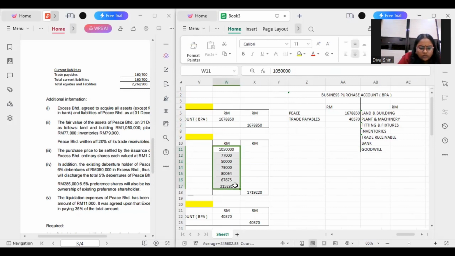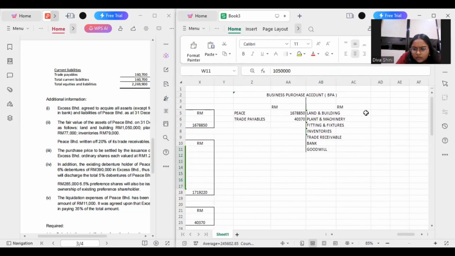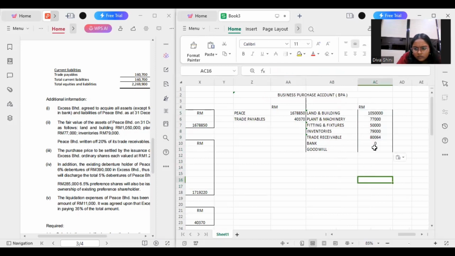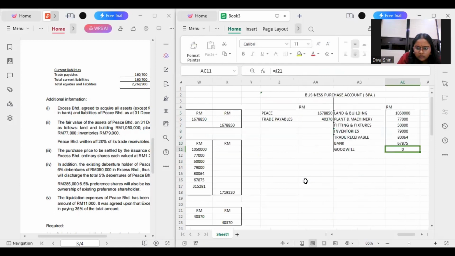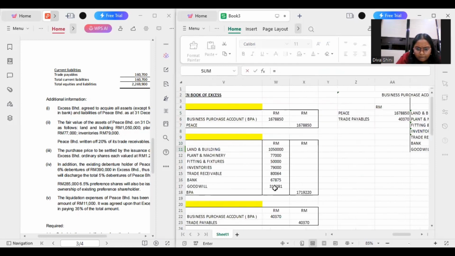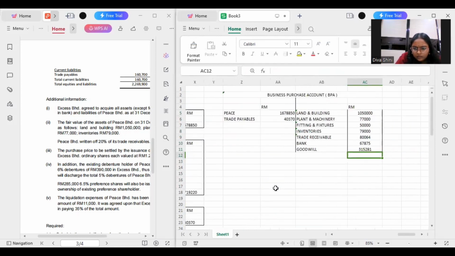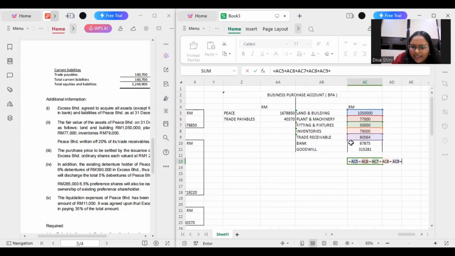These are the amounts. And the total will be. This account also needs to tally with debit side and credit side. Then only our calculation is considered correct.